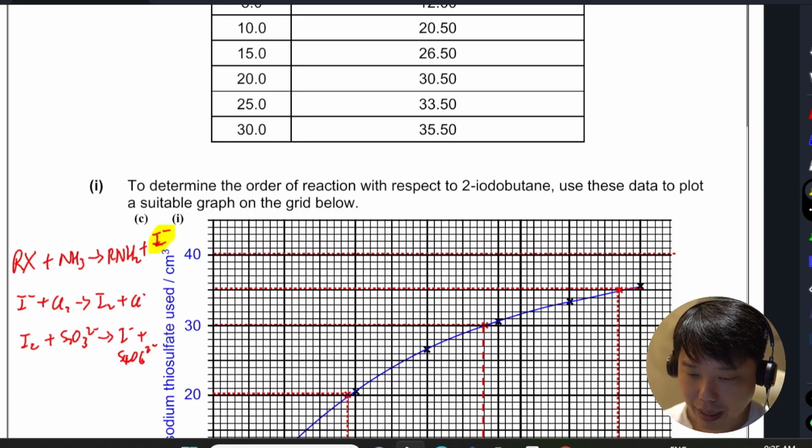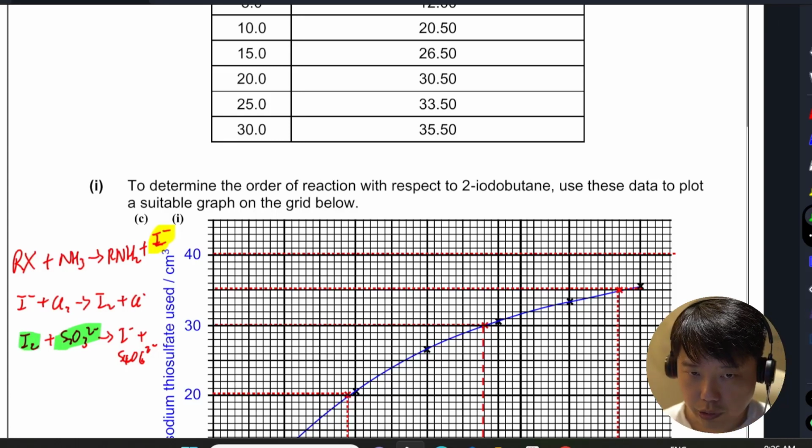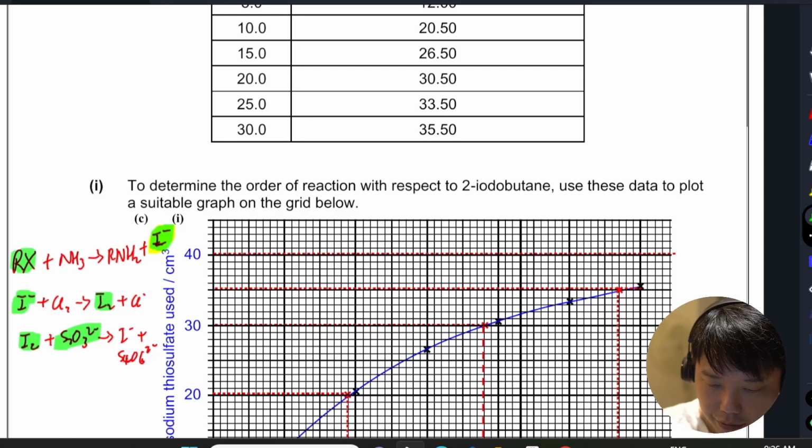So we are monitoring the thiosulfate here, but the thiosulfate is linked to your iodine by a certain mole ratio, 2:1. And this iodine is linked to the I minus, which is linked to the I minus initially. And this I minus obviously came from your RX.